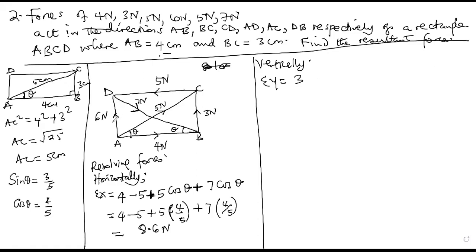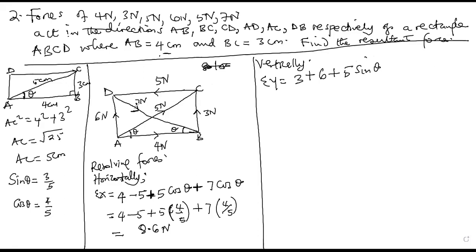This one here, 6, it is in the positive direction, up, positive north, so it is up. So we shall say plus 6, because it would be 6 sine 90, so just 6. Then plus, you ask yourself, where does this force of 5 act? This force of 5 is going in the positive direction, so it will be 5 sine theta.